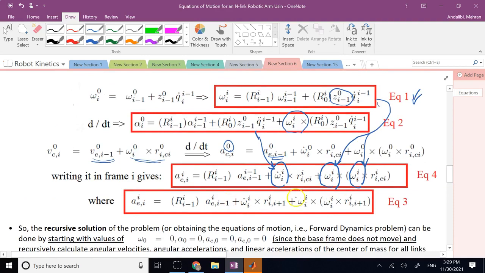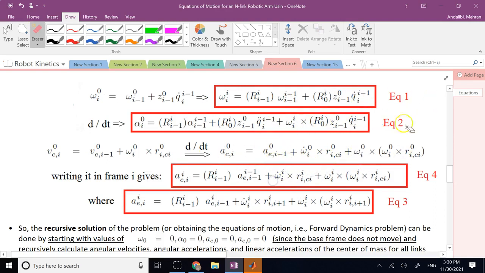If you look at equations 1, 2, 3, and 4, each link's kinematic entities, omegas, a's, and alphas, are related to the previous link, not directly to the base. The result of that is recursive or update formulas.